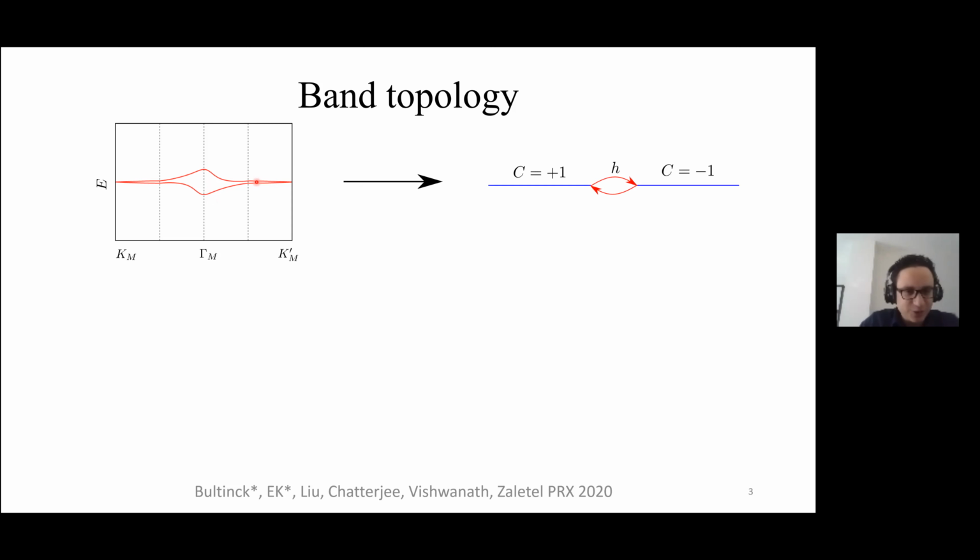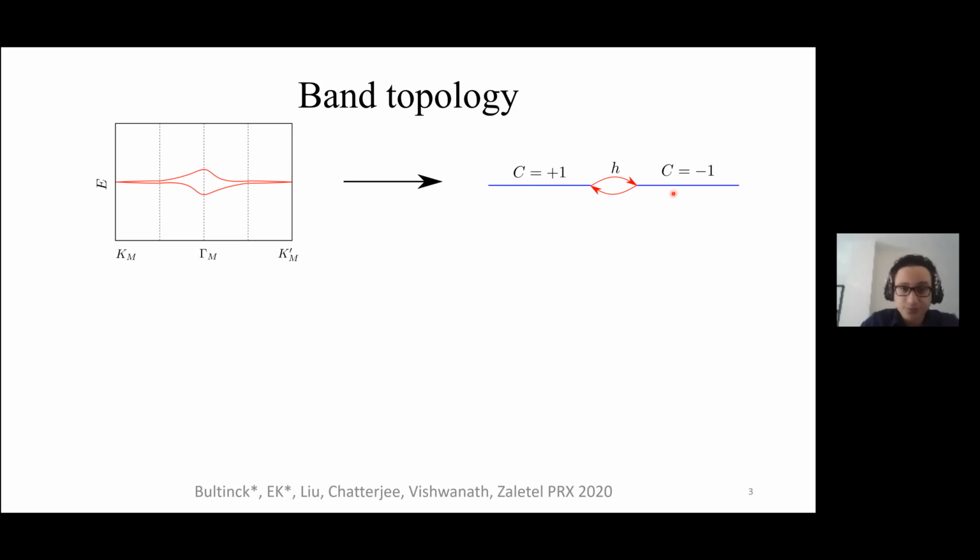In most cases, we express our basis in terms of the energy eigenvalues, but we'll find that this basis is very useful to understand the topology and also to understand the interaction problem. So here we see that when we go to this purely off-diagonal basis, we have two flat bands that have opposite Chern numbers and that are related by this tunneling.